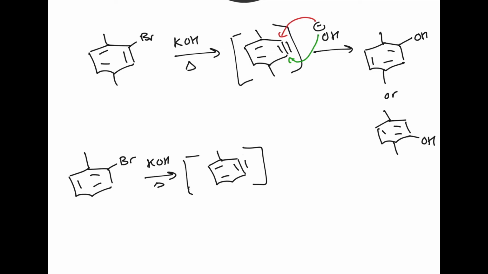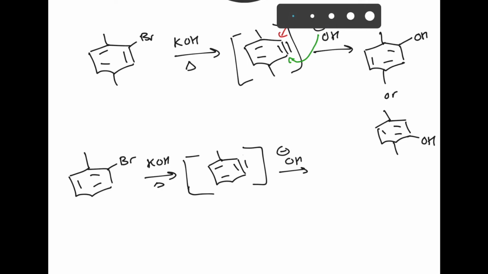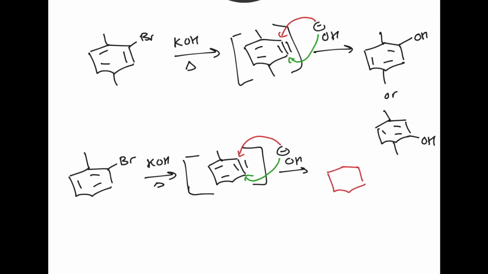Can't isolate it. I'm going to react with my hydroxide. I can add to the top, or I can add to the bottom. And that's going to give me two different products. If I add to the top, I'm going to get the ortho product. If I follow the red line, I get the red product. If I follow the green line, I get the meta product.